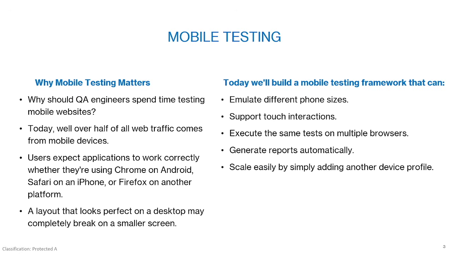Before we start writing code, let's answer an important question. Why should QA engineers spend time testing mobile websites? Today, over half of all web traffic comes from mobile devices. Users expect applications to work correctly whether they are using Chrome on Android, Safari on iPhone, or Firefox on any platform.